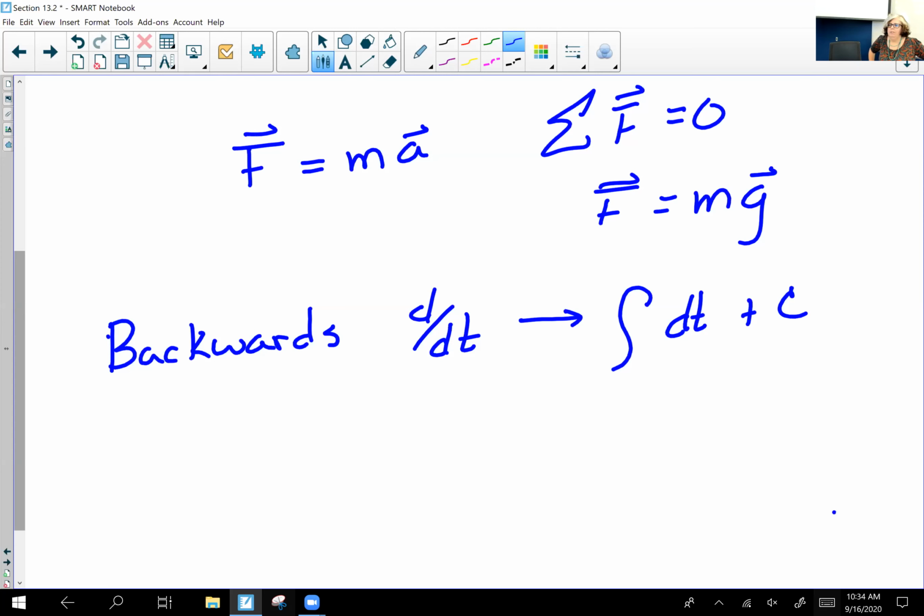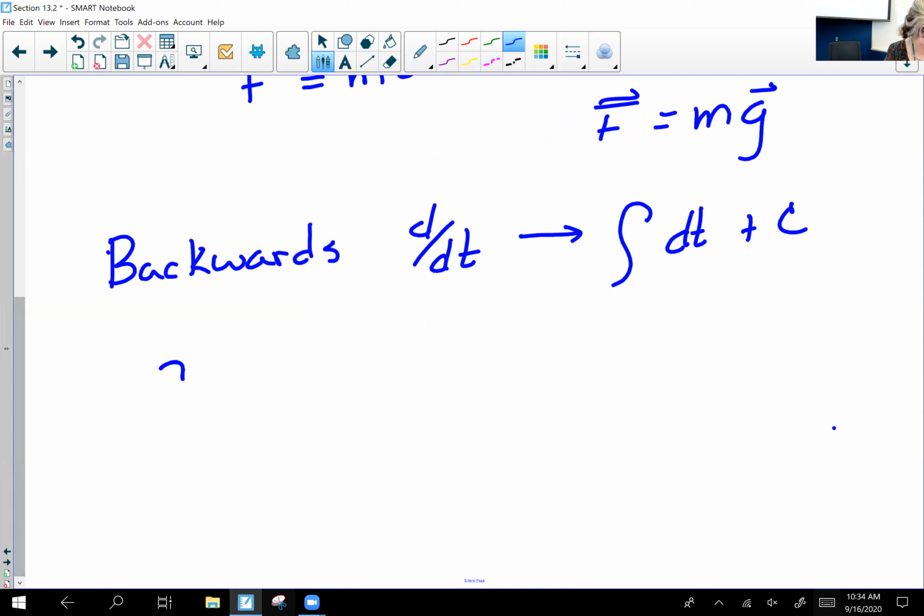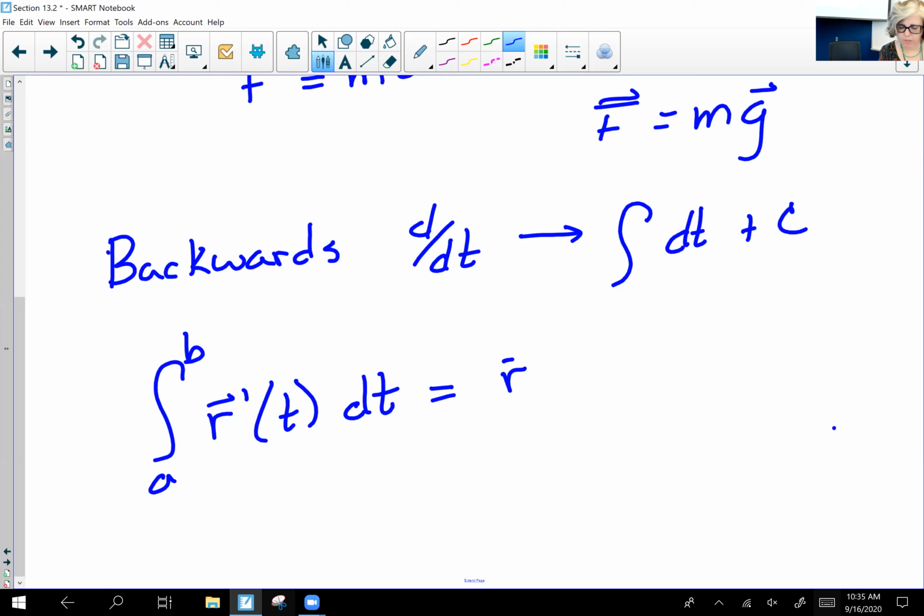Okay? That got an open mouth response. But it makes sense, doesn't it? If I'm integrating from a to b, and I'm integrating r prime of t dt, the fundamental theorem of calculus then tells us what's going to come out of here is just r of t plus a constant, but that constant is now a vector.